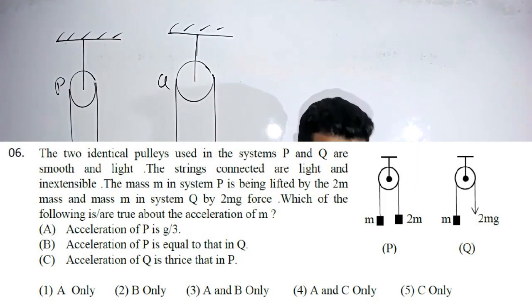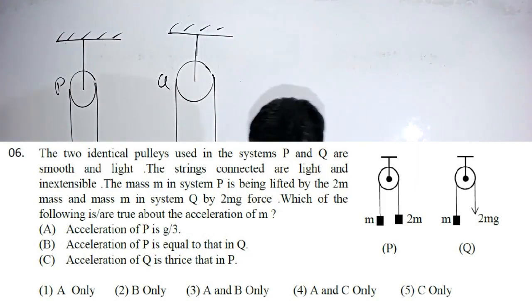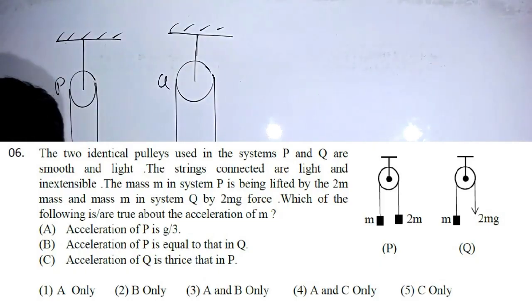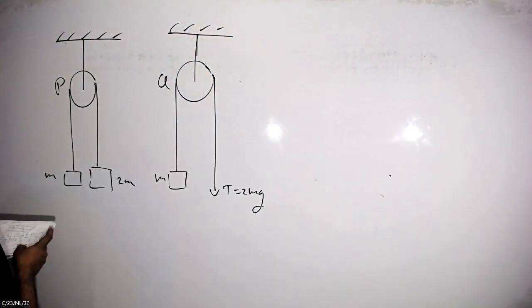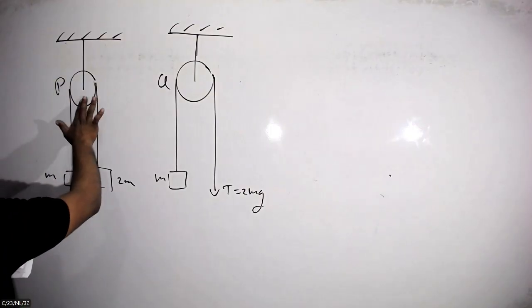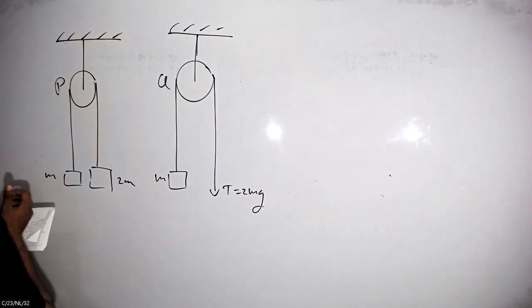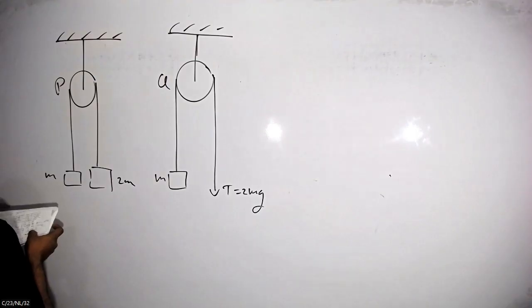Right, let's see the answer for the sixth question. The two identical pulleys in systems P and Q are smooth and light. The strings connected are light and inextensible.